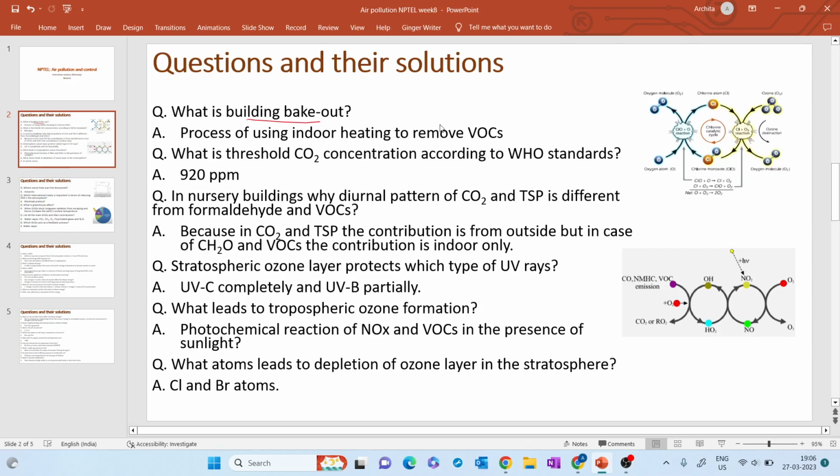What you can do is have heating systems. In India, it's not very prevalent in houses, but it's there in industries or companies. These heating systems increase the temperature inside the room, which helps in removal of these VOCs, and that phenomenon is known as building breakout.